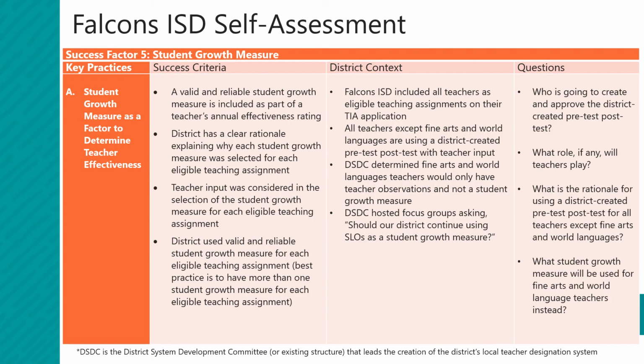If we look at questions, we can see who is going to create and approve the district-created pre-test, post-test. As mentioned, all teachers except fine arts and world language teachers are using a district-created pre-test, post-test with teacher input. But who's the one creating the actual pre-test, post-test and approving it?